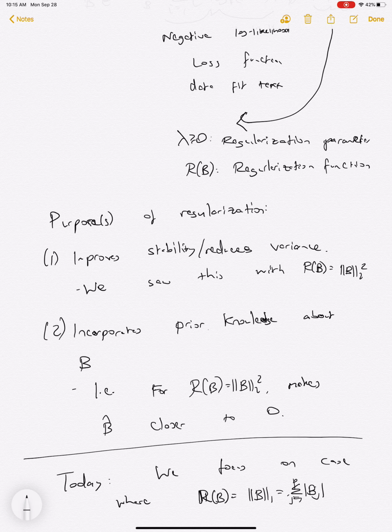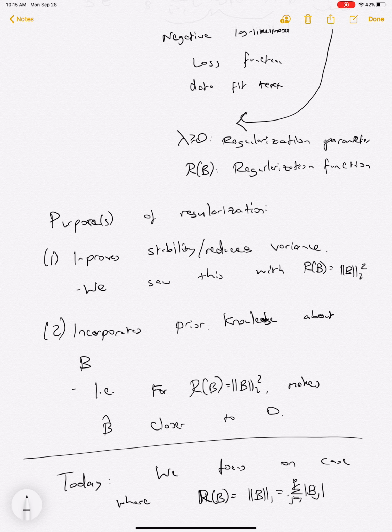But if that bias is a good thing, then you're potentially reducing variance a lot because you're limiting what kind of estimator you can have. And lambda trades off how much regularization and how much data fit you have. The bigger lambda is, the more regularization you have, as we saw in the case of ridge regression.